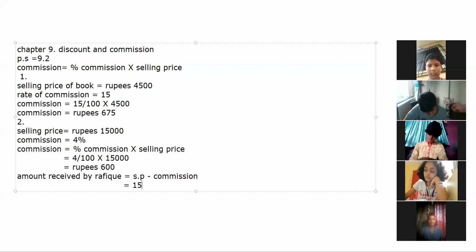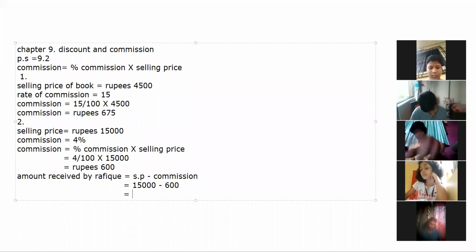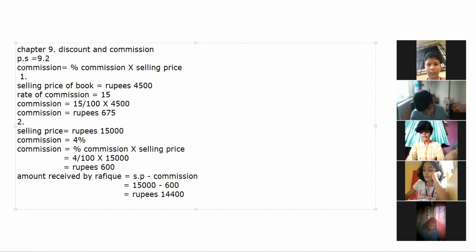So that is 15,000 minus 600. You get the answer rupees 14,400. Okay.